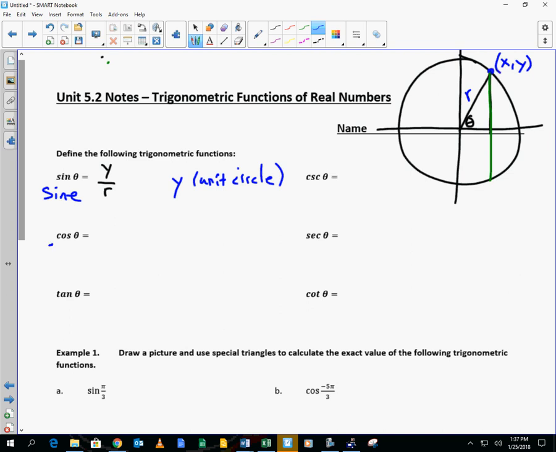This is cosine. And cosine is identified as x over r, or in the unit circle, it would just be x. Tangent is y divided by x.